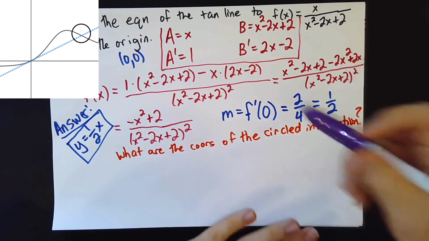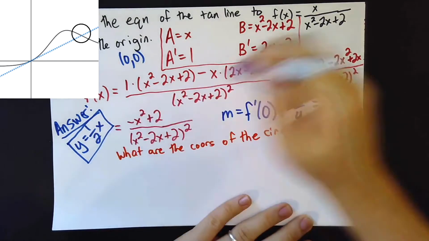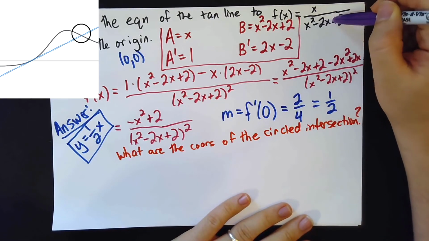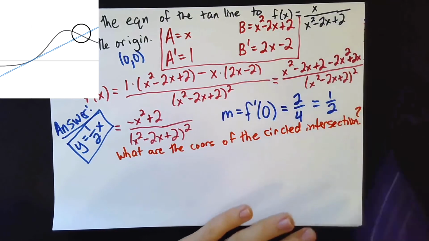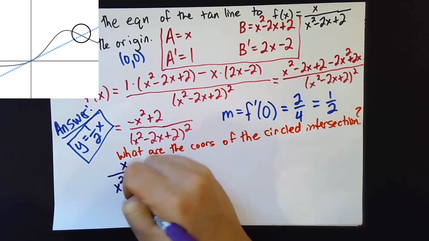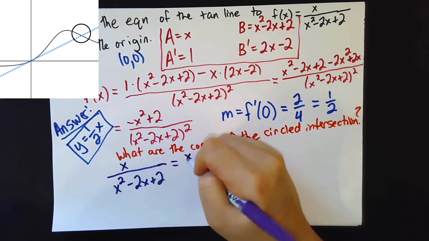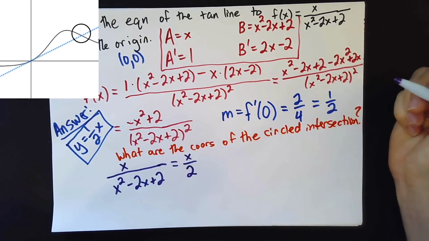So, reminder, I'm just asking to find the intersection between two graphs, both of which I have equations for. So to do this, I just have to set those equations equal to each other. So, in other words, I am going to set our formula for f equal to our formula for the tangent line.